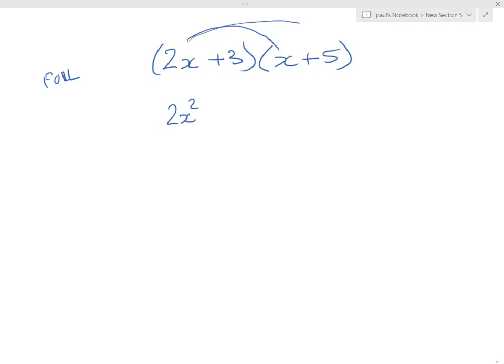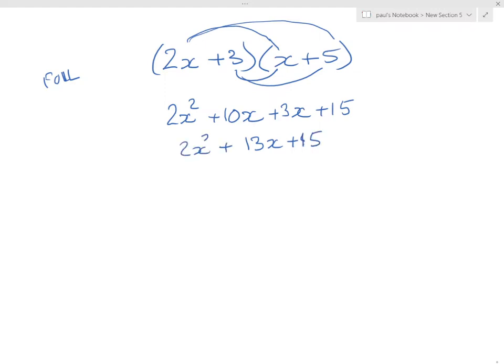And the outside is 2x times 5, which is 10x. The inside is 3x. And the last bit is 3 5s are 15. So merge the two together to give 13x plus 15, plus 2x squared. So you can get numbers in there as well, so be careful with that.